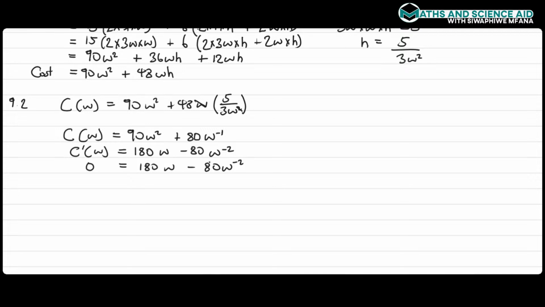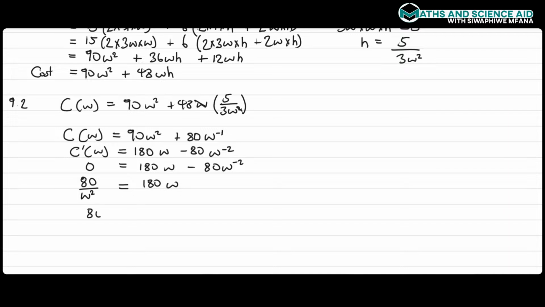Okay, so now what would I advise we do with this? I think let's take our -80W to the power of -2 into the left-hand side. So that will be positive 80 over W squared in the denominator. So we can return that W in the denominator. So equals 180W. Now we can multiply by W on both sides of the equation.